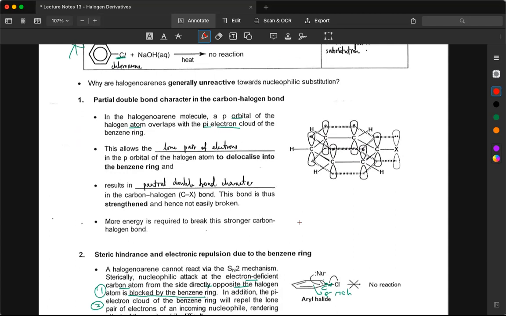The bond is thus strengthened and not easily broken because of the good overlapping between the pi electron cloud of the benzene ring and the p orbital of the halogen atom, as shown here. So the p orbital electrons can be delocalized and strengthen the bond.